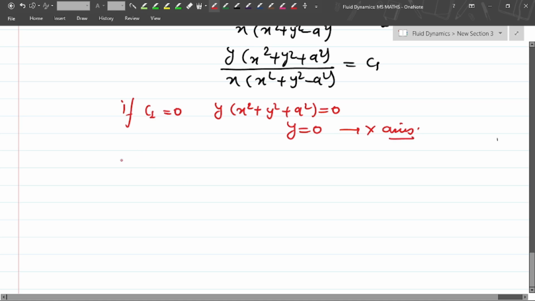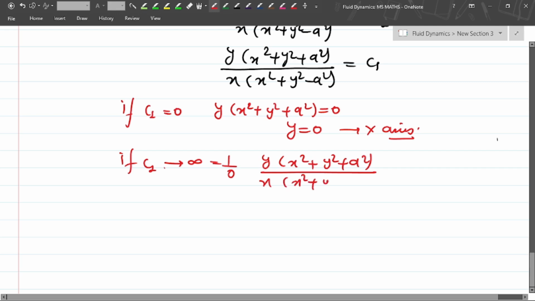If c1 is tending to infinite, what can I do? It means 1 by 0. So y of x square plus y square plus a square upon x square plus y square minus a square is 1 by 0. Then x square plus y square minus a square is equals to 0.